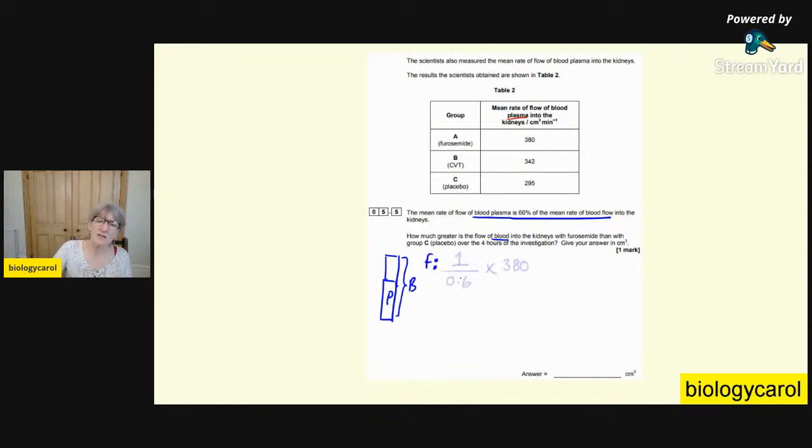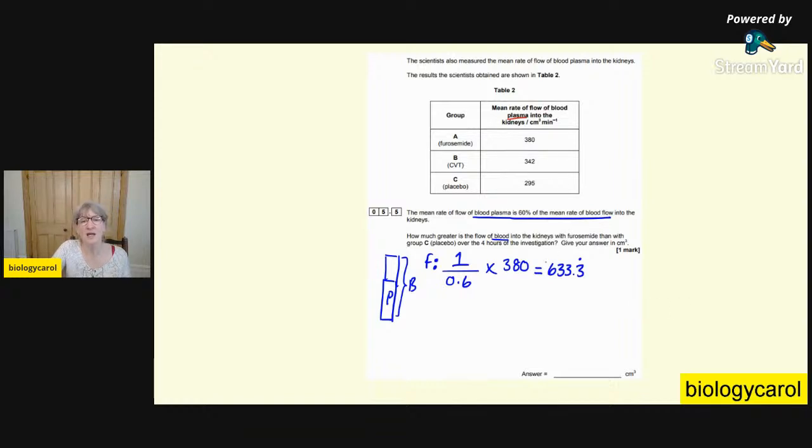And does it make sense that the fraction is 1 over 0.6? I could equally have written 100 over 60 because this is 60% of the whole. So the fraction is 1 over 0.6 or 100 over 60 times by 380, which equals this.